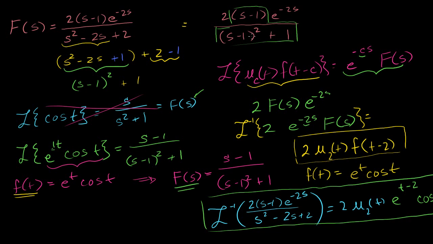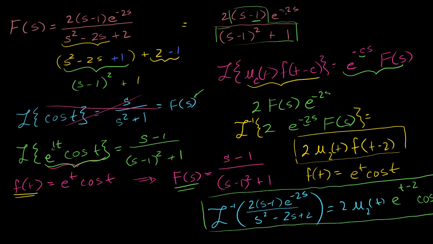So we said, oh, well, that means that we're multiplying our original time domain function, our f of t, times e to the 1t. And that's what we got there, right? So the Laplace transform of e to the t cosine of t became s minus 1 over s minus 1 squared plus 1. And then we had this e to the minus 2s this entire time.